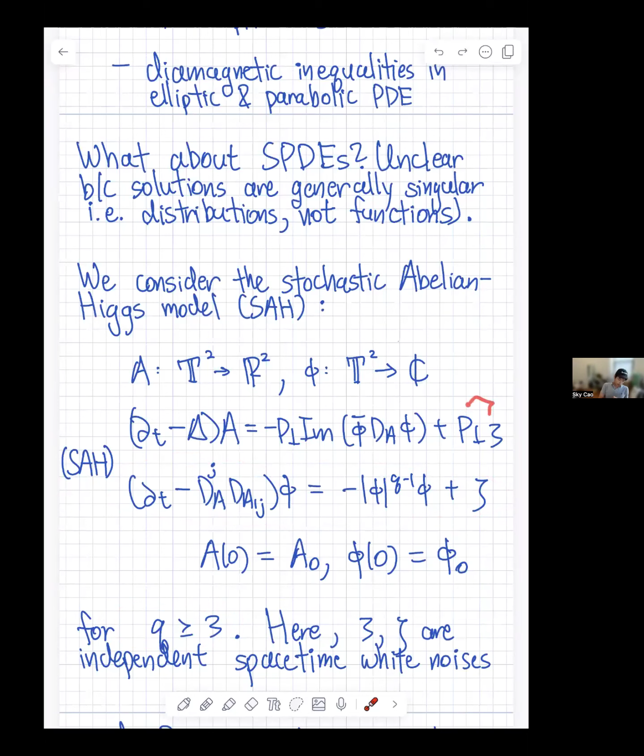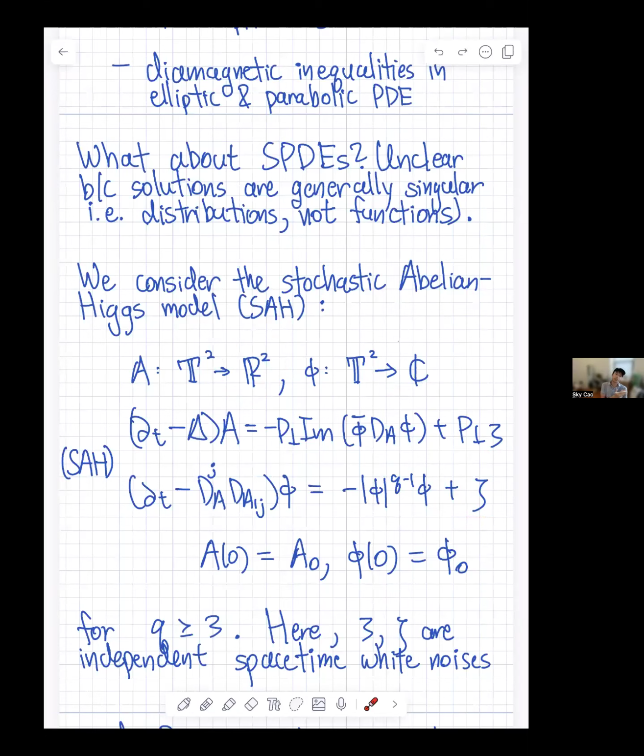And maybe I'll say a word about how you think about these space-time white noises, in case you're not used to thinking about it. Basically, at every point in space and time, you have an independent Gaussian random variable. For psi, it's an independent R2 valued Gaussian. And for zeta, it's an independent complex valued Gaussian. So that's what we mean by space-time white noise. The thing is, this is going to be too rough to think about as a function.